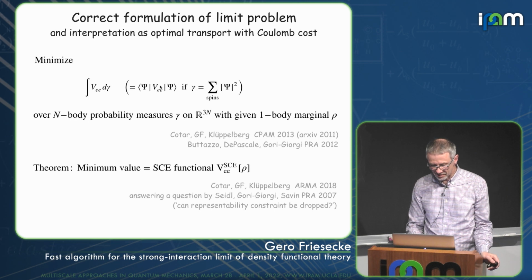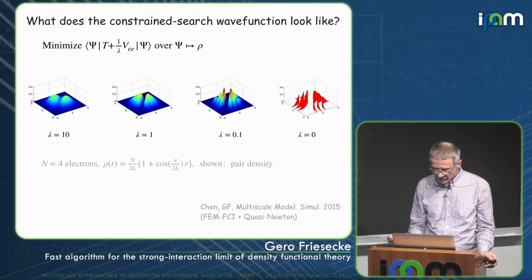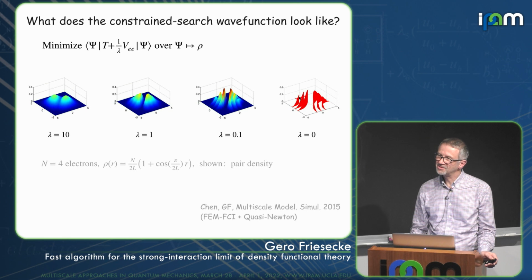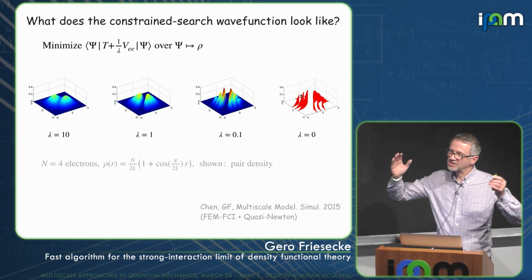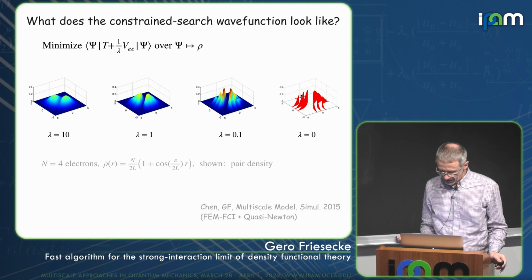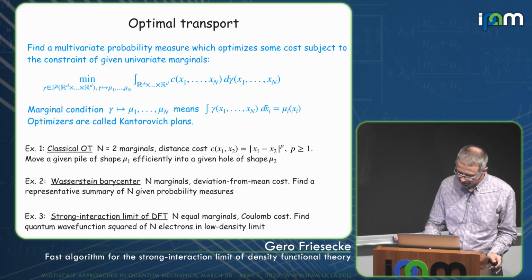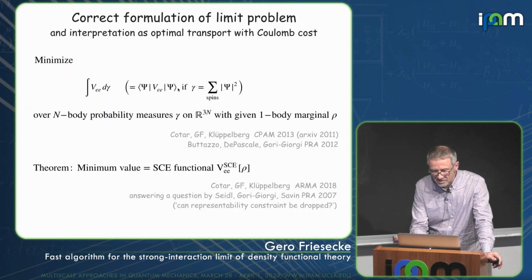Because when you stick with square integrable wave functions and try to minimize this thing, there is no minimizer. I showed you how this concentrates, you have delta functions. There is no square integrable function whose square is a delta function. That's not possible.